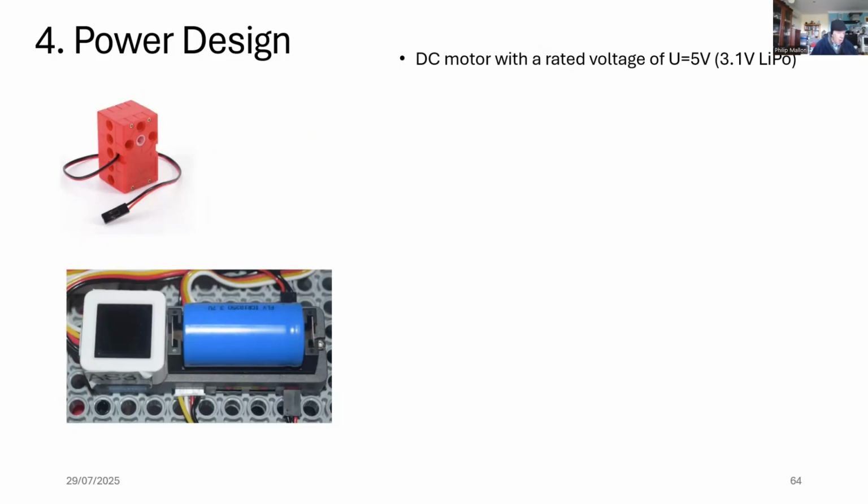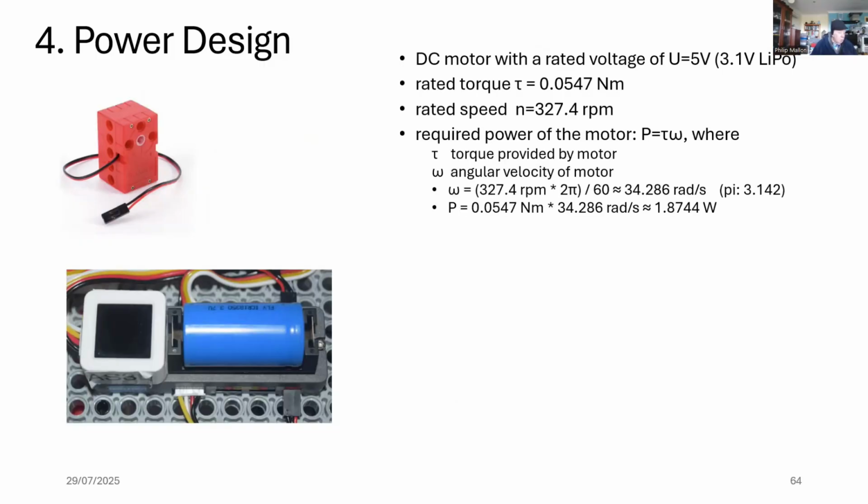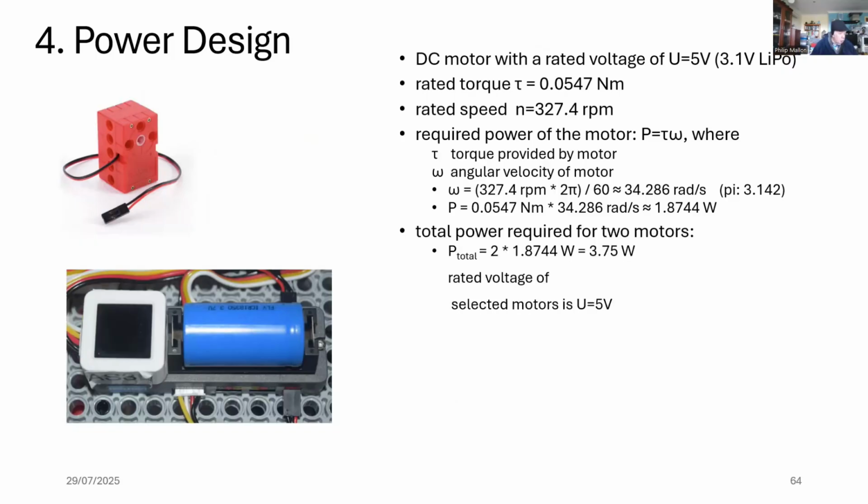So what we're going to use is a battery. It's a LiPo battery of 3.1 volts, with a step-up voltage for the motor of 5 volts. Taking our calculations so far of torque and speed, we calculate the power by multiplying the two of these. Since we've got two motors, that gives us a total power of 3.75 watts.